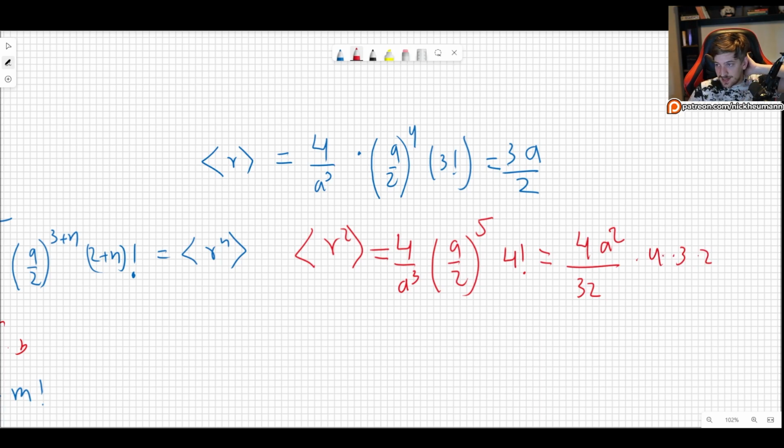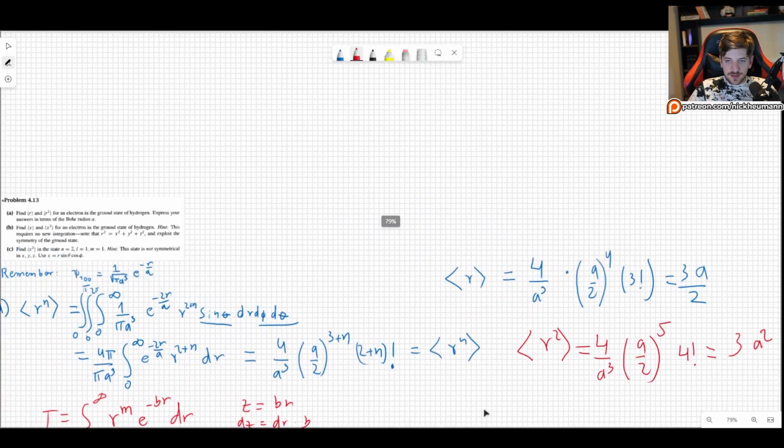So this is 16 times 2, that's 32. So this and this and this, they give us 32. So we are only left with 3a squared. And that is the expectation value of r squared. So you can see that deriving the formula was actually quite useful to us.